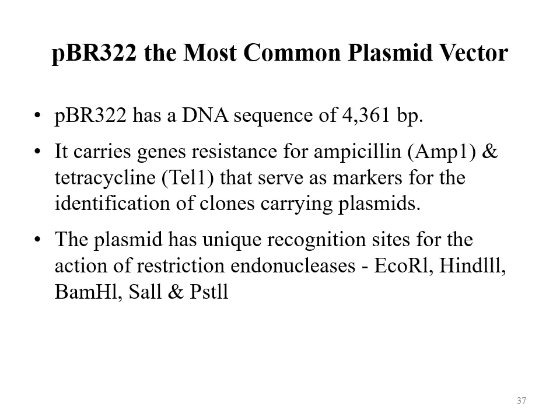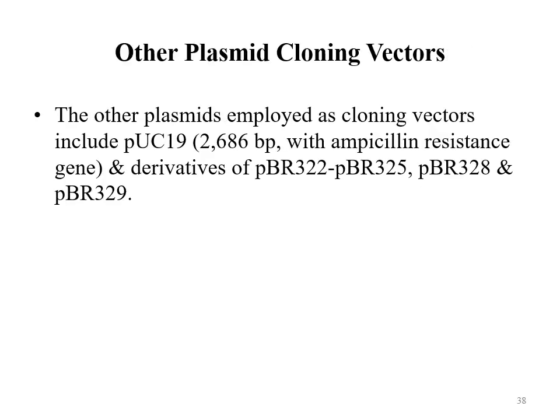The plasmid has unique recognition sites for the action of restriction endonucleases, which are EcoRI, HindIII, BamHI, ClaI, SalI, and PstI. So plasmid pBR322 has recognition sites for several restriction endonucleases.